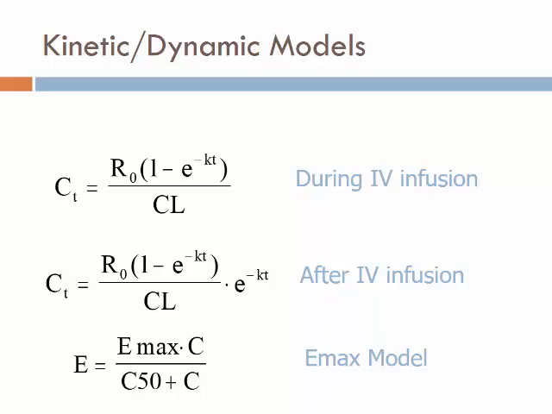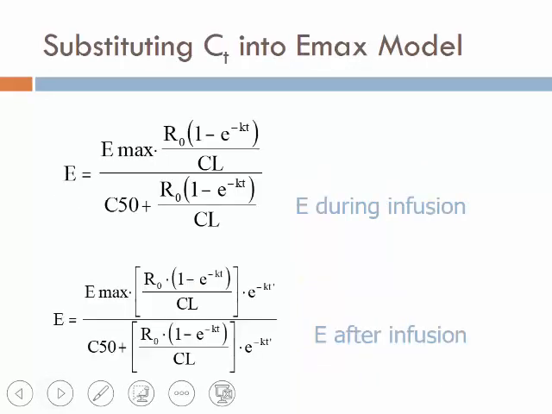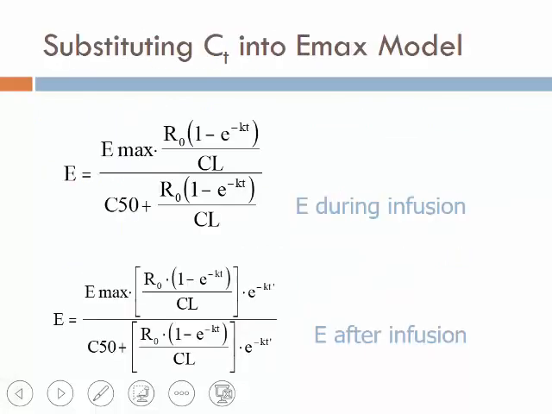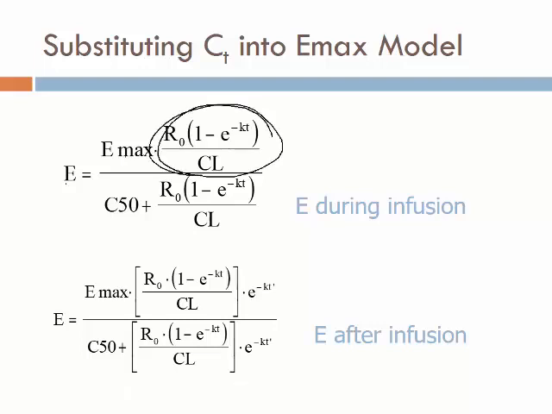We're just going to substitute those in there. So here's our Emax model: E is equal to Emax times C, and we got this C from our concentration during infusion.